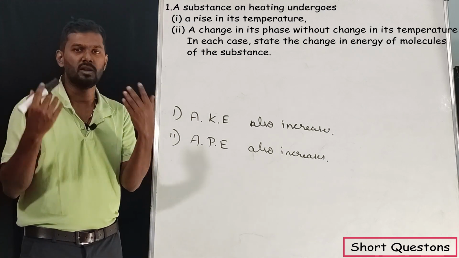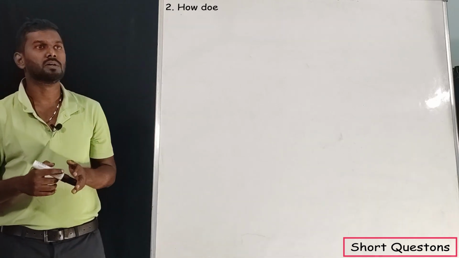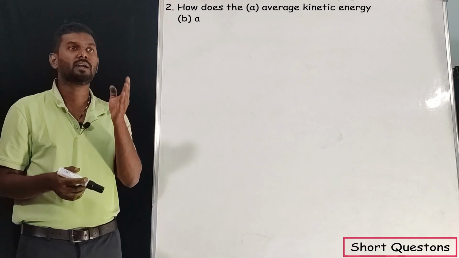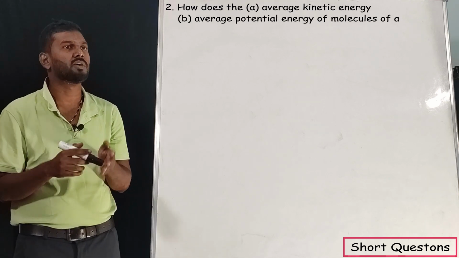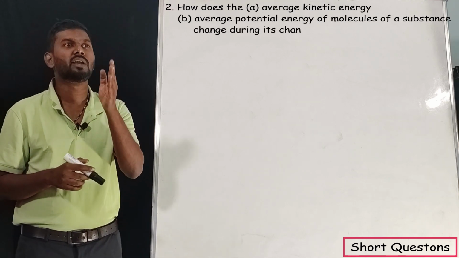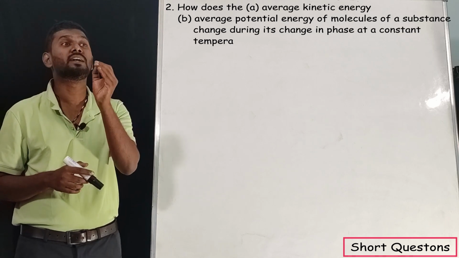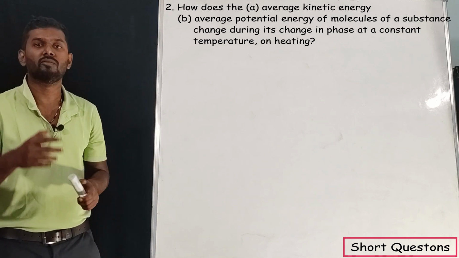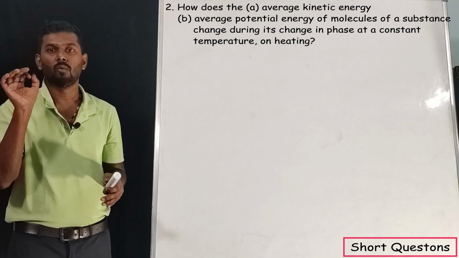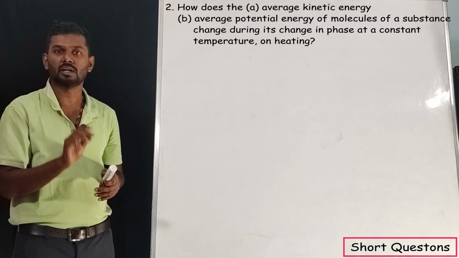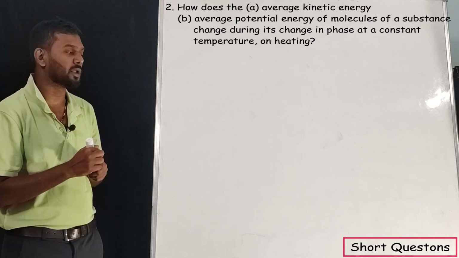Now we are also learning. Our next question: how do the average kinetic energy and average potential energy of molecules of a substance change during its change of phase at a constant temperature on heating? Whether they are heating or cooling, what is the temperature they are talking about? They are talking about the constant temperature.